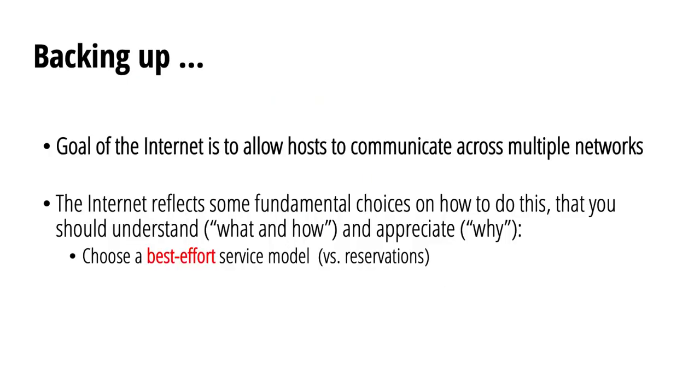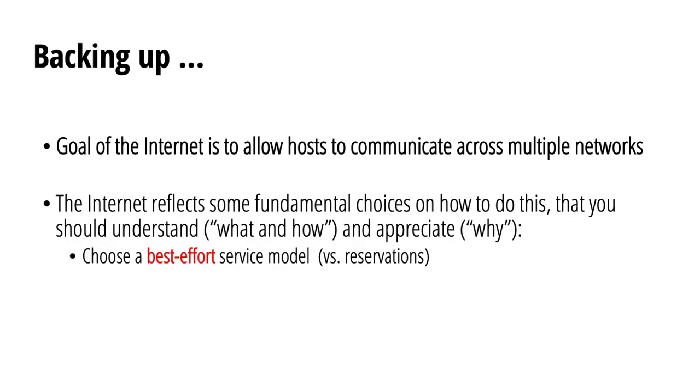Okay, so backing up now, we've gone kind of very bottom up. We've reviewed how all the plumbing works. Let's go now, again, top down. We've talked about what gets implemented and how it gets implemented. We should not lose sight of why things were done a certain way, and we spent a lot of time on this in the first few lectures of this class.